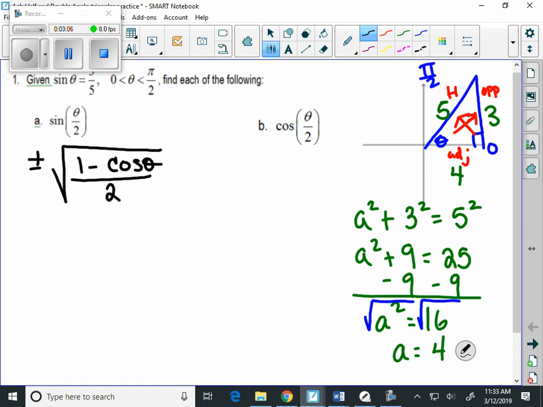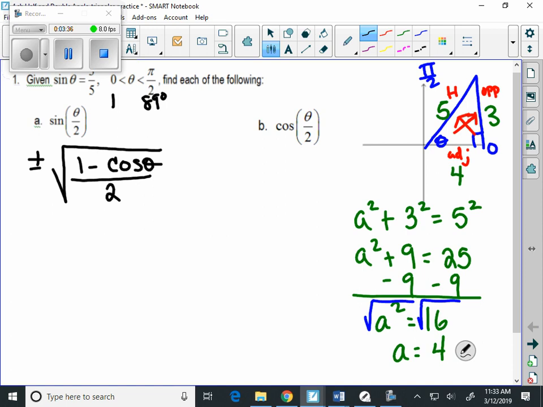And what we're going to do is, instead of 0 and pi over 2 for this half angle, let's think of it as 1, so 1 more than 0, and 89 degrees. It's easier to think of that. So it's going to be in this quadrant, somewhere in between there.